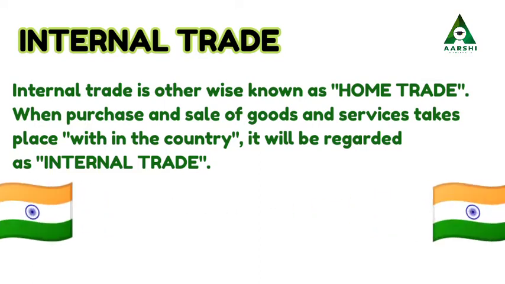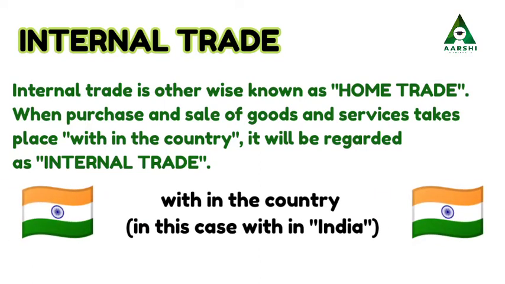For example, suppose a particular trader or manufacturer undertakes purchase and sell activity within the country. Suppose his country name is India. So if the trader undertakes the trade activity or purchase or sell activity inside India, it will be regarded as internal trade. Internal trade means where purchase and sell of goods and services taken place inside the country, within the country, it will be regarded as internal trade.